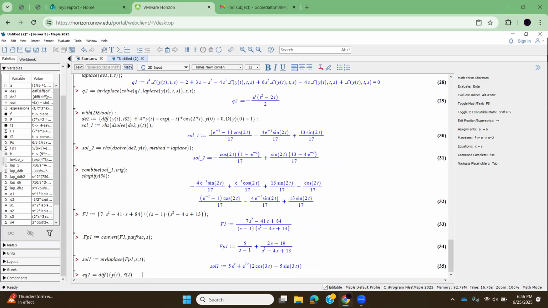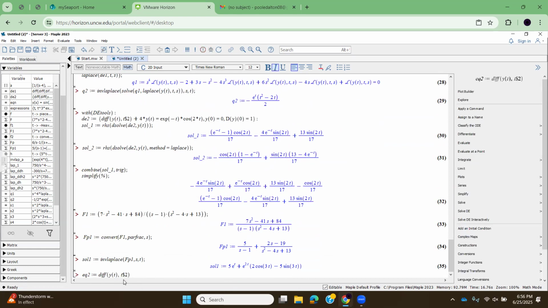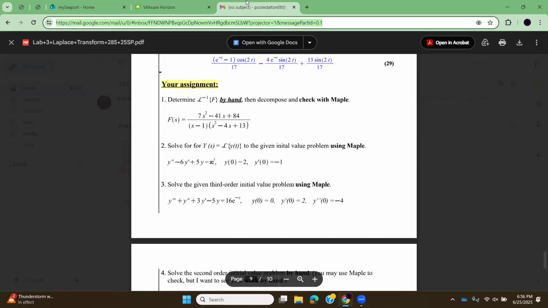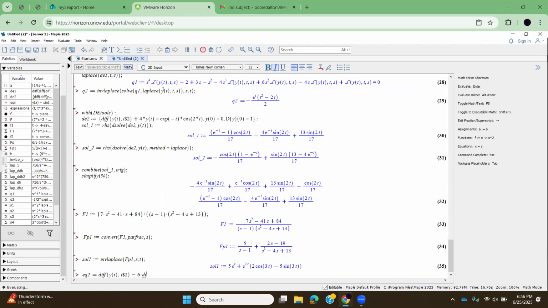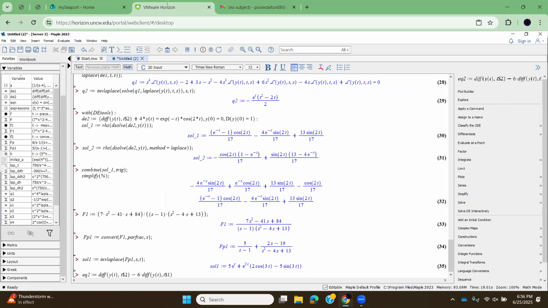Give me a second. Got one too many out here. There we go. And then that would just be plus, or sorry, minus 6y prime. So minus 6 times diff y of t, comma, t, money sign, 1, close parentheses.